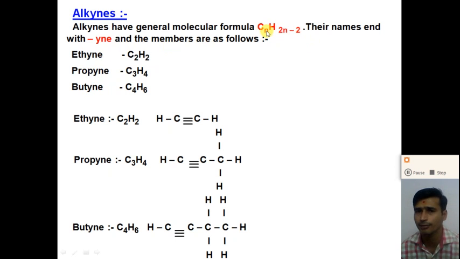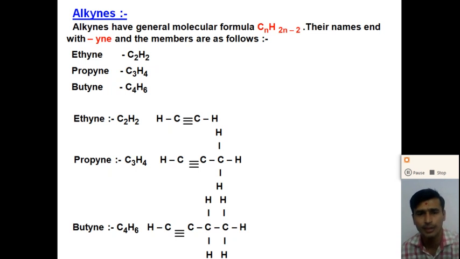If you take n equal to 2, we get C2H2, that is the molecular formula of ethyne. If you take n equal to 3, C3H4, that is propyne. If you take n equal to 4, that is butyne, and n equal to 5, pentyne. You can easily draw the structural formula of ethyne, C2H2. In the alkyne there is a triple bond between any two carbon atoms, and that is the functional group in the alkyne.